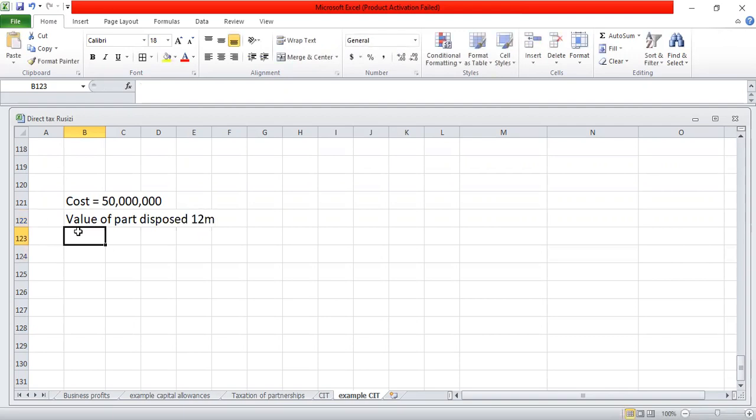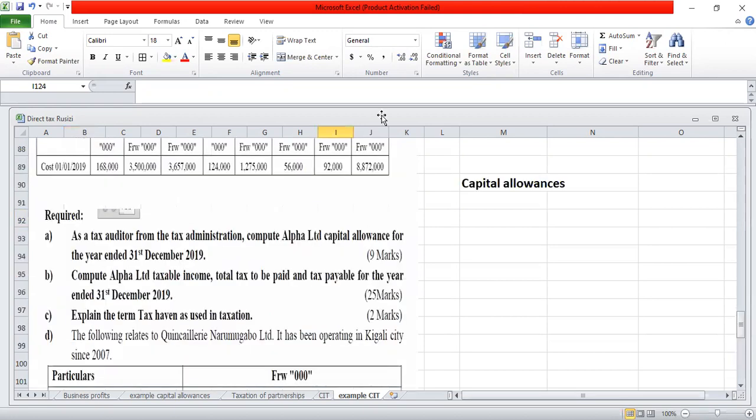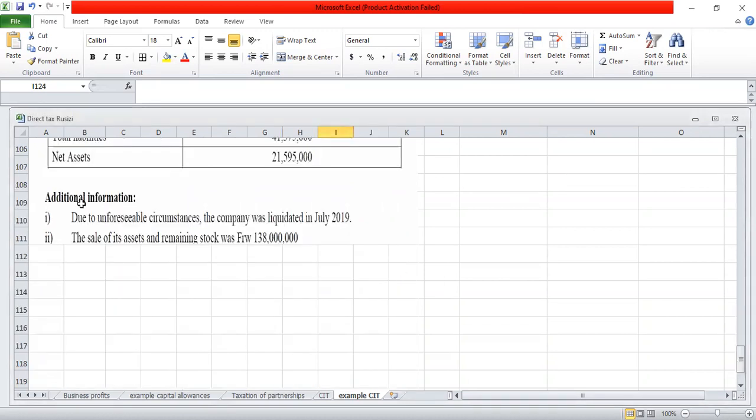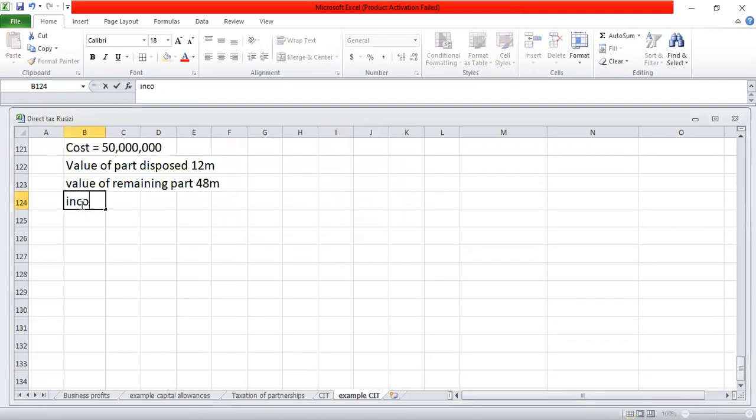Value of the remaining part is 48 million, from your message. The incidental cost on sale is 800.